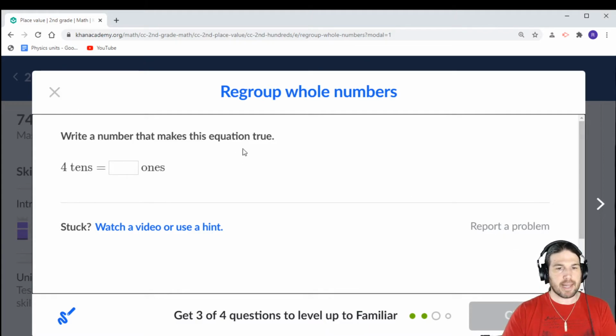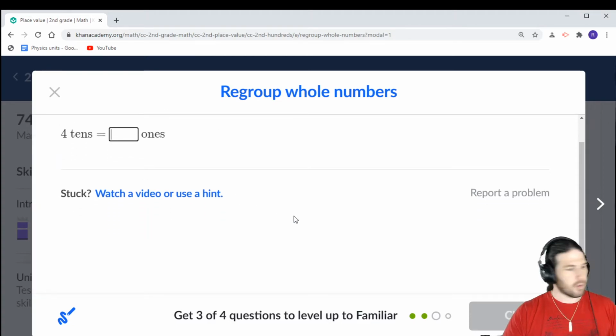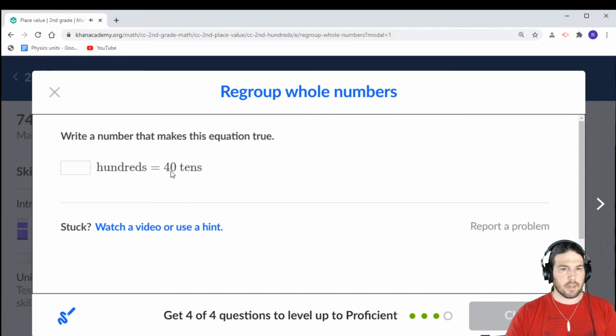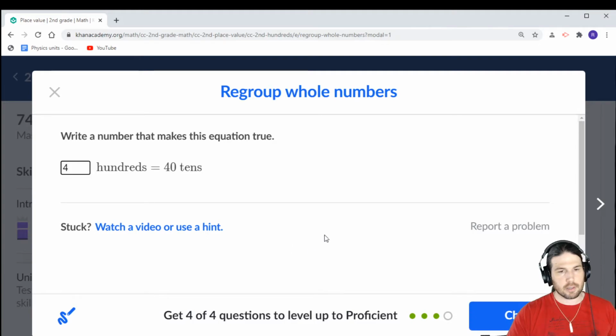Write a number that makes this equation true. So if I have 4 tens, well, that means that I have 40 ones. If I have 40 tens, well, that means that I have 4 hundreds.